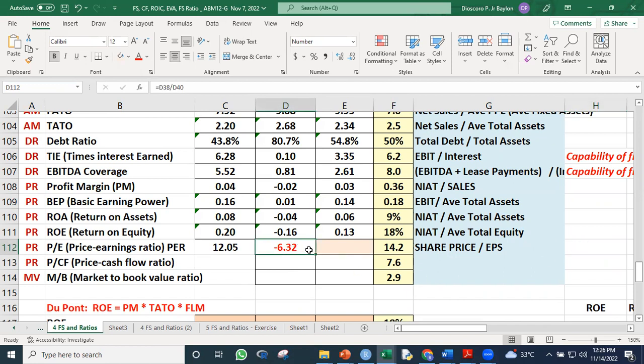Okay, kasi ang ibig sabihin nito, or well, loosely we can say that sa bawat 6 pesos na pagbili mo ng stock na yon, malulugi ka ng 6.32, but that's not accurate. So normally we don't interpret yung negative na per ratio. Okay, that's a very good question.